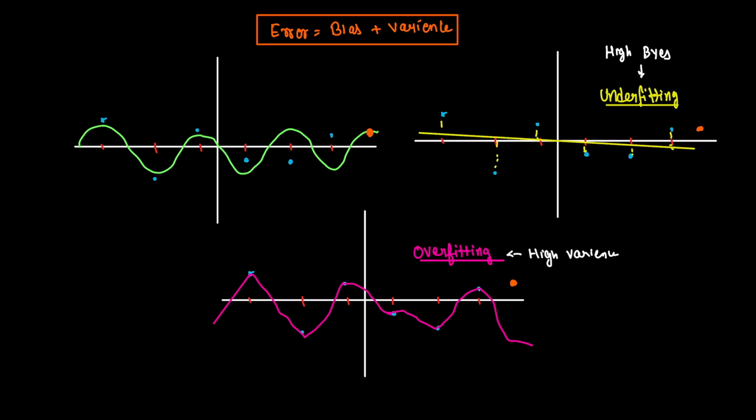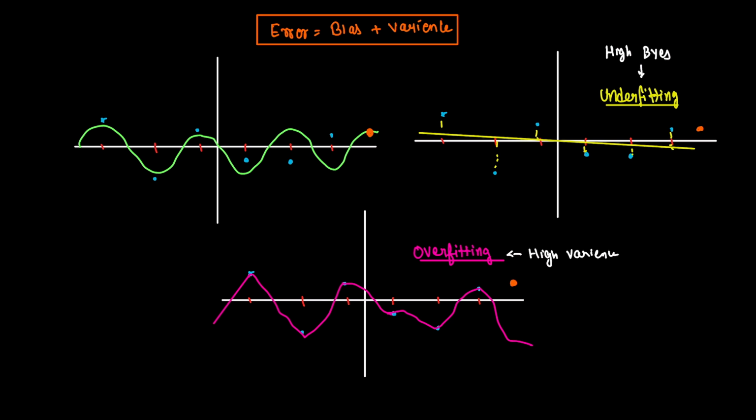Now let's say we have a complex learner which exactly fits the data, let's say 100% correctness on our training data. So it will form a curve like this, going through all the data points. Again we take the same point we had in the previous underfitting case.